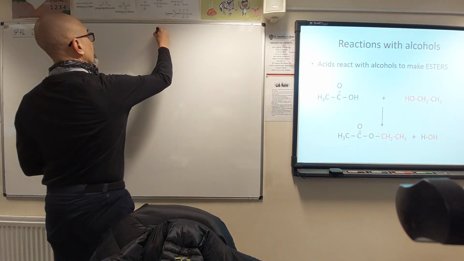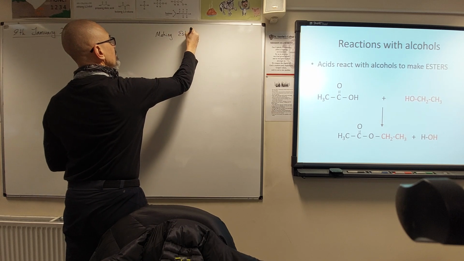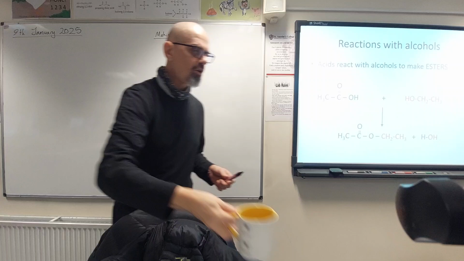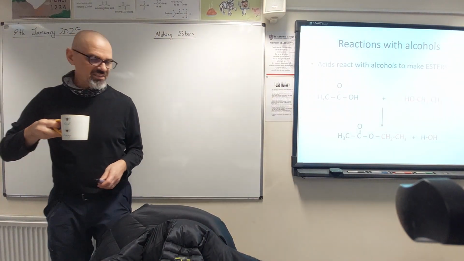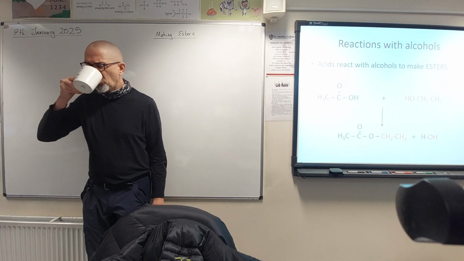Okay, the next thing I'd like to talk about is making esters. So this is a topic that you've probably had mentioned before, maybe in the alcohol section, maybe even in your GCSE.